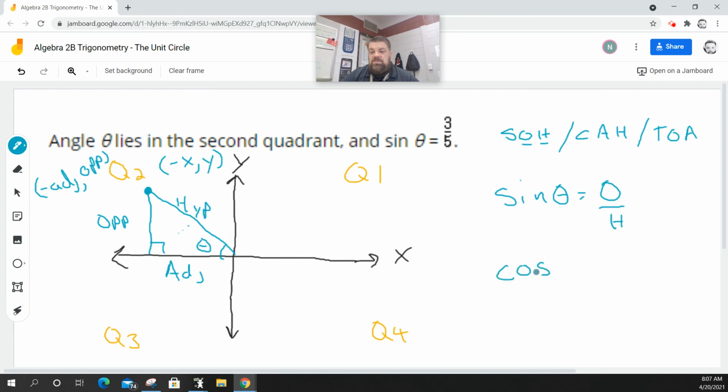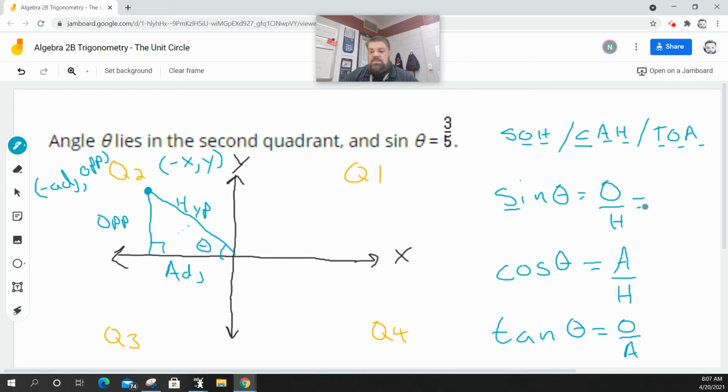CAH means cosine, right? So we have sine opposite over hypotenuse. Cosine, that's what the C stands for, is equal to the adjacent over the hypotenuse. I don't know who originally came up with this, but it's such an easy way to remember this, SOHCAHTOA. And then tangent is the opposite over the adjacent.